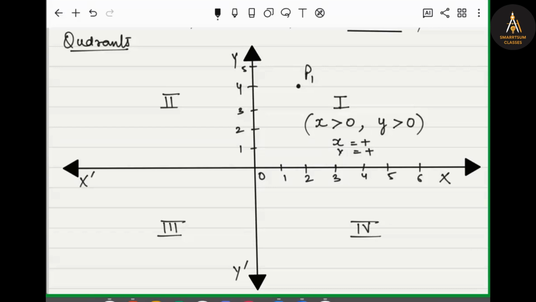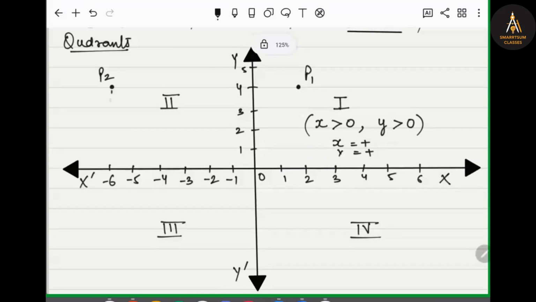Now look at the second quadrant. Let me write the values of x here: -1, -2, -3, -4, -5, -6. Suppose there is a point P2 here. For this point P2, the y coordinate is positive, but the x coordinate is negative.